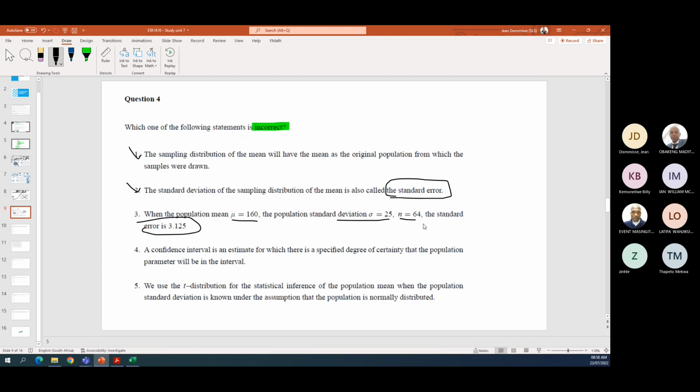Standard error is equal to the standard deviation divided by the square root of n. The standard deviation is 25, n is 64.